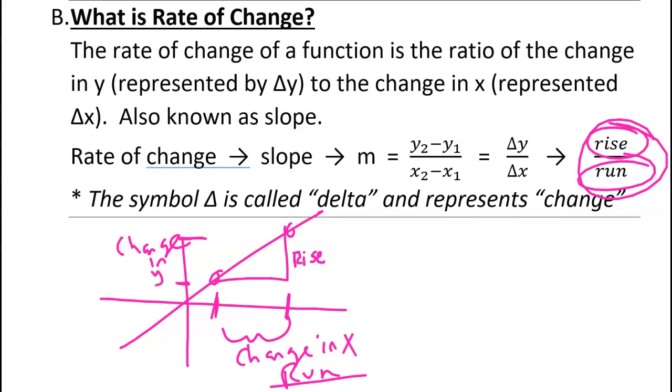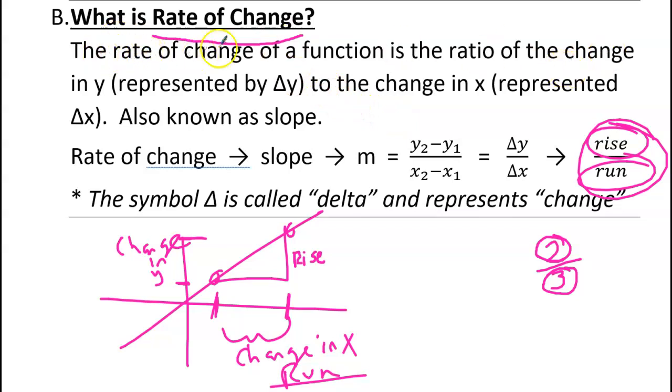And what that tells you basically is how fast is y changing as x is changing. So in other words, if you had a slope that looks like this, 2/3, that means that your y increased by 2 every time your x increases by 3. Okay, and so that's why slope is also known as rate of change, because it's talking about how fast your 2 variables, x's and y's, are changing.